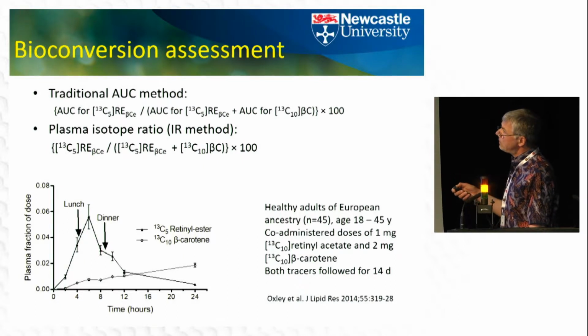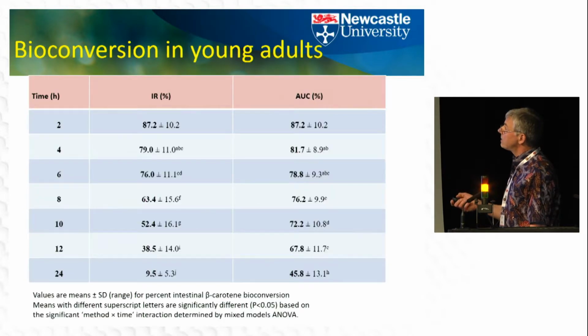And if you do that at a particular time point, you can look at whether or not you need to calculate the area under the curve or whether you can simply look at one particular time point.